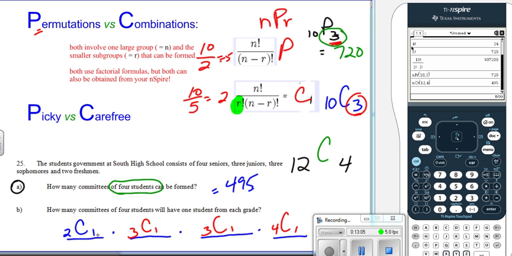Now if you have a 1 down here, remember 1 factorial is just 1. 1 factorial doesn't change anything very much. So when you take a look at that formula, you're doing combinations, your R is a 1.